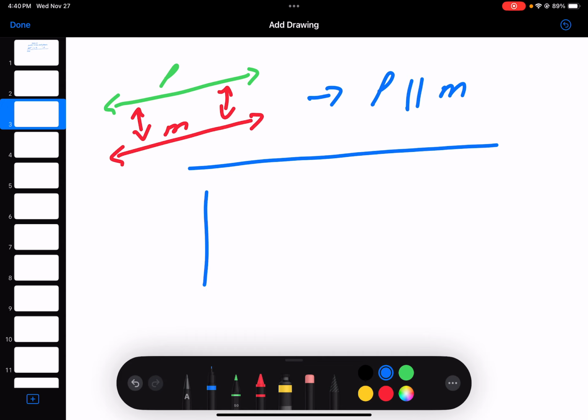Next, let's talk about perpendicular lines. So we have again L, which is one line, and we'll call this one M, which is another line.